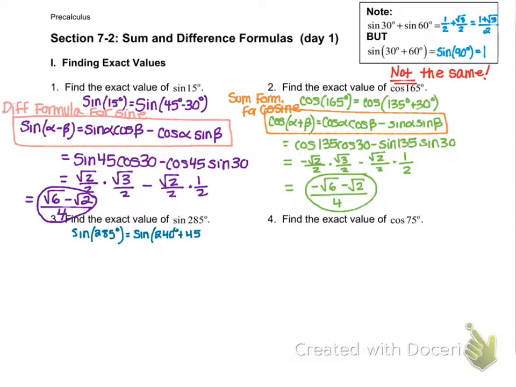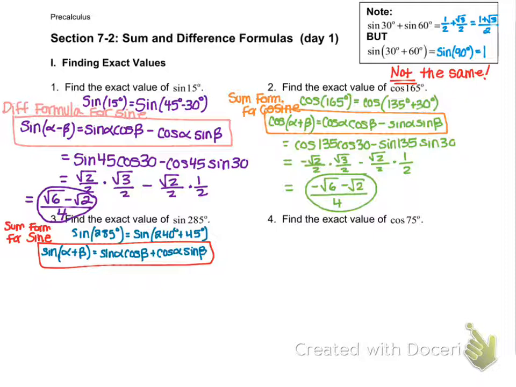So now we're doing the sum formula for sine. And that looks very similar to our difference, except we have a plus sign in the middle. Sine alpha times cosine beta plus cosine alpha sine beta.